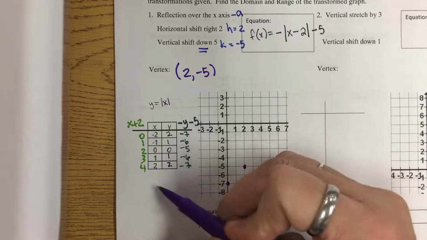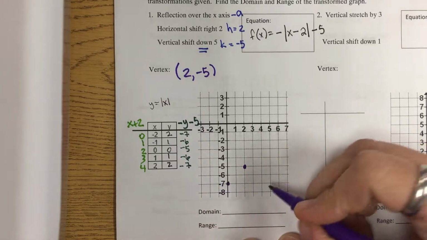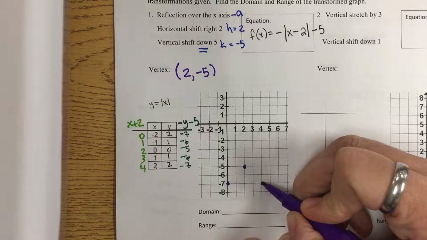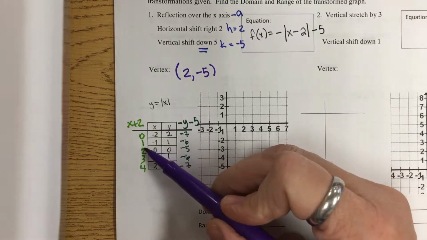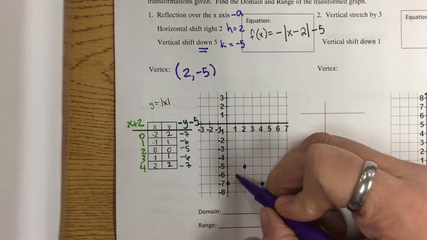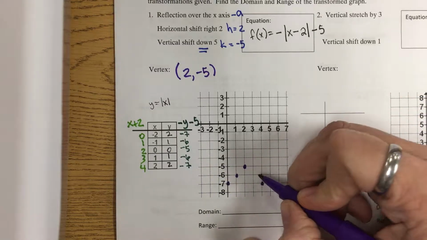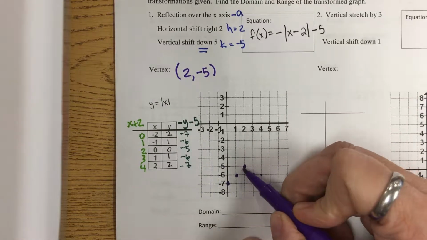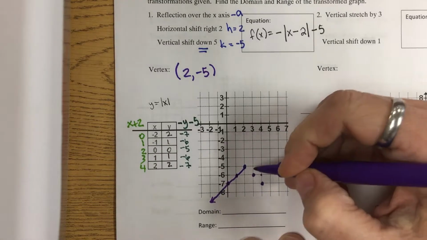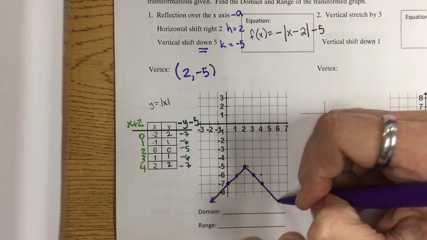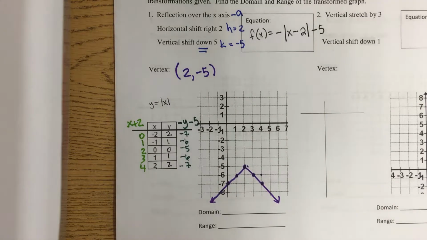But isn't it reflected right here, 4, negative 7? So I went 4, negative 7. And then it says 1, negative 6. So 1, negative 6. And then 3, negative 6. Oops, I put it in the wrong spot. Then I draw my ends.